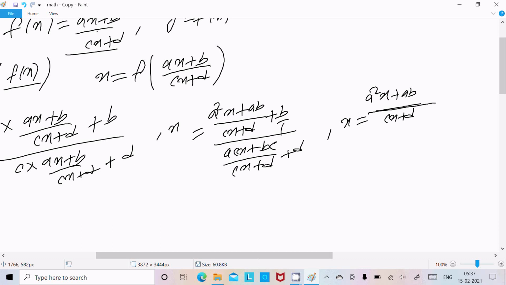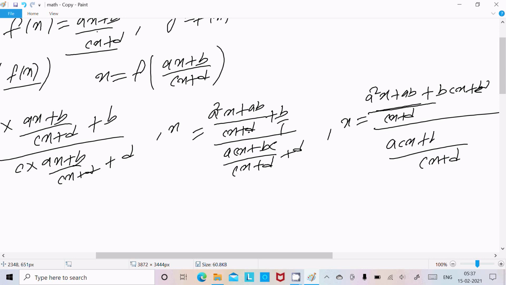So b multiplied with this all becomes bcx and bd, and here the same thing, (cx + d), taken the LCM. Here acx, just writing, and this all multiplied with this.